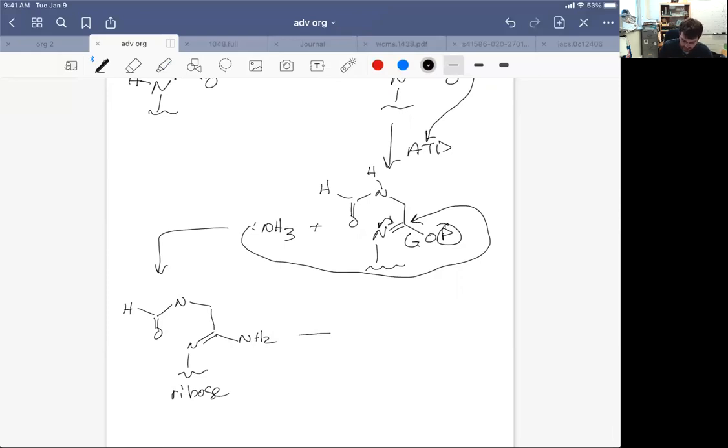Now it turns out the tautomeric equilibrium is going to convert this enamine core into a more keto-like core, which is going to be an imine in this case, or a Schiff base.